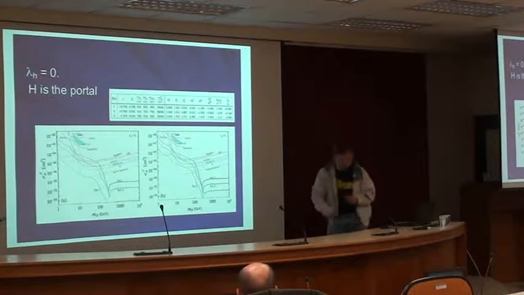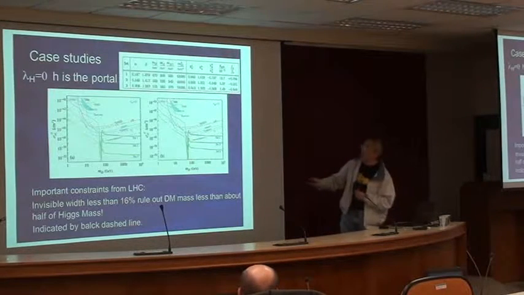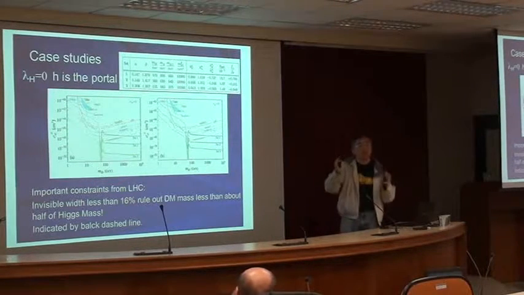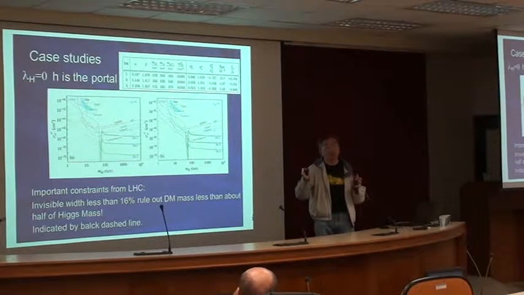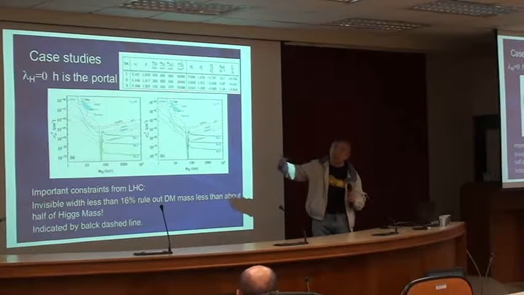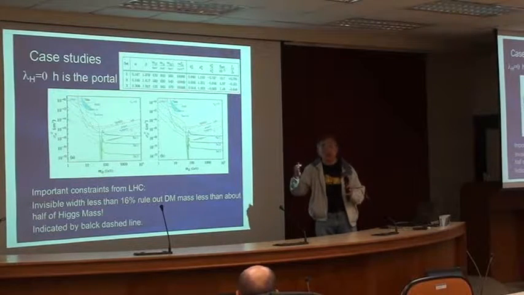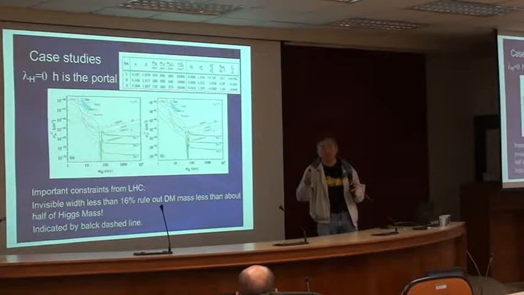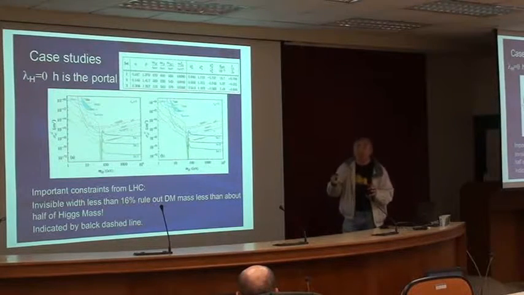Before, with the standard model like Higgs doing the job, there was a constraint of about 60 GeV. Below that is not allowed because the standard model Higgs cannot decay to two dark matter particles, which increases the invisible width. So that's ruled out.